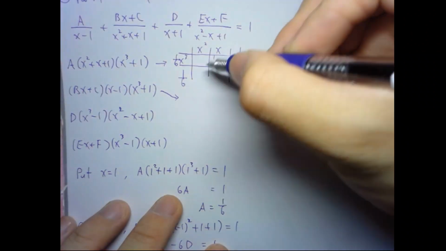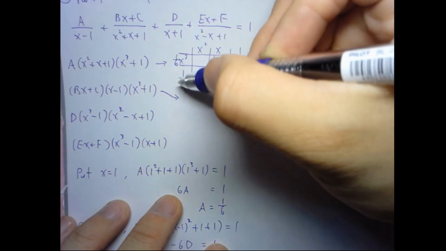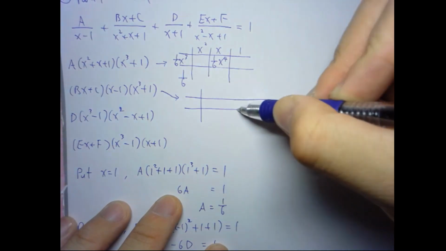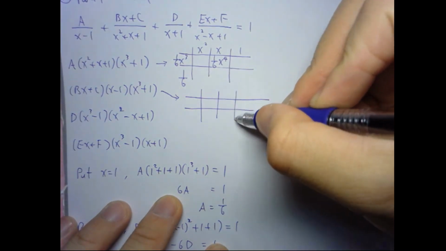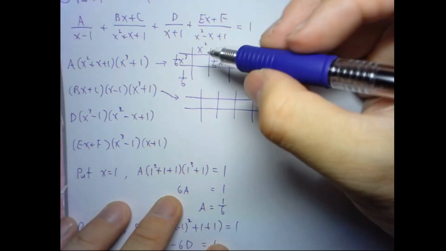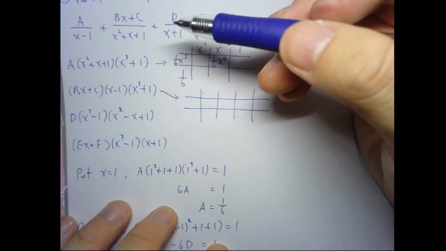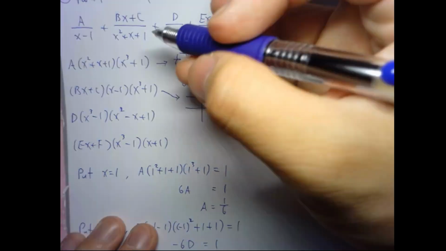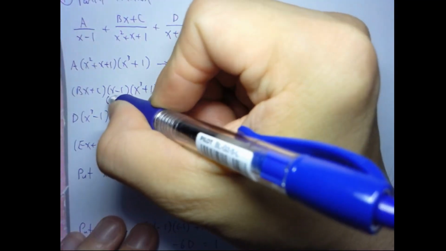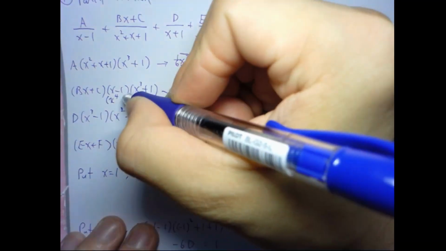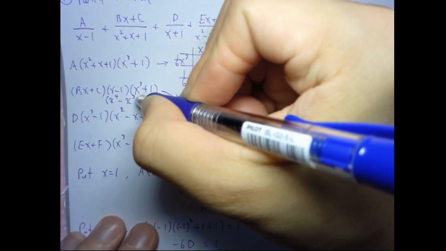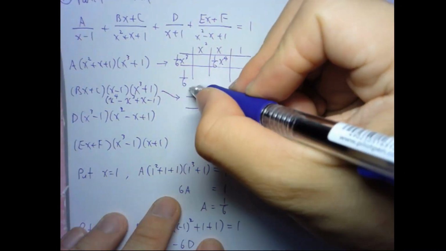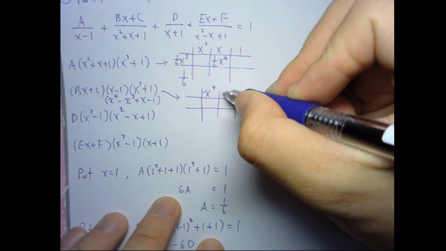We don't know b and c, so I will write it here. For the top, I need to multiply these 2 terms out, which is x to the power 4 minus x cubed plus x minus 1. So I can put them here.